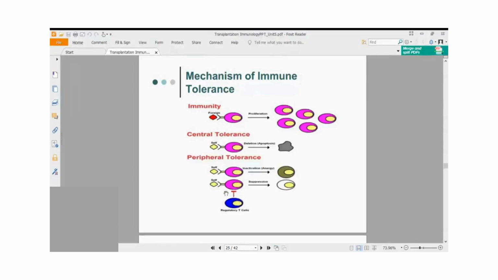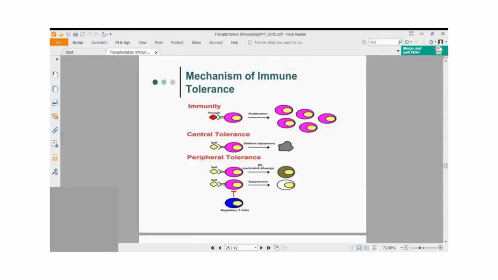That happens in the peripheral lymphoid organ, and it is called suppression. So the T cells are suppressed from getting activated against the self antigen. This is how tolerance occurs.